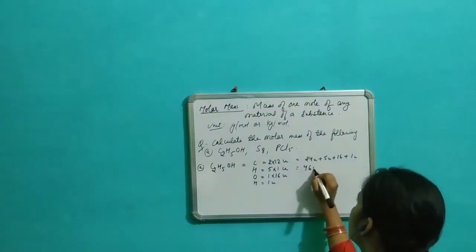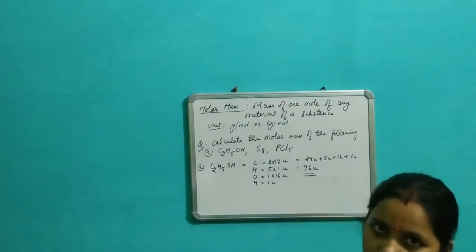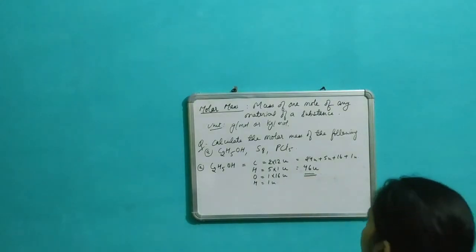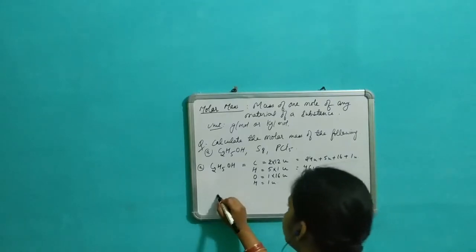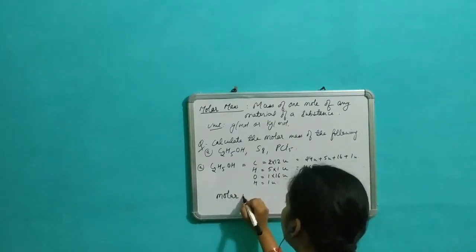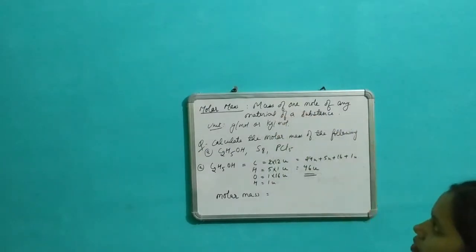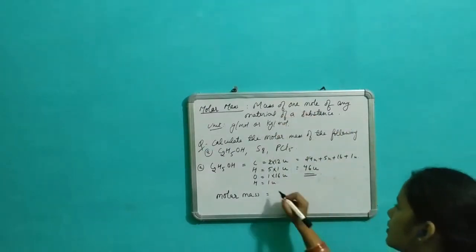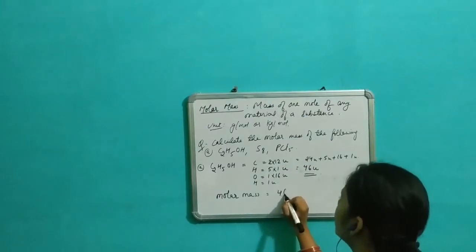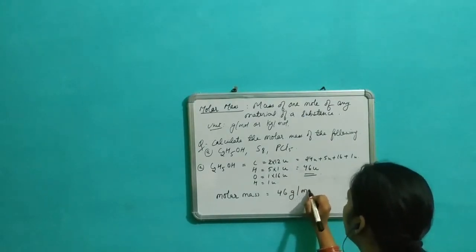So 46 unit is the molecular mass of C2H5OH. And if we say molar mass, the molar mass will be equal to the mass of 1 mole of a substance expressed in gram per mole. So this will be equal to 46 gram per mole.